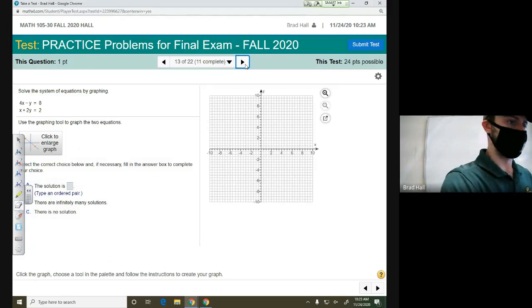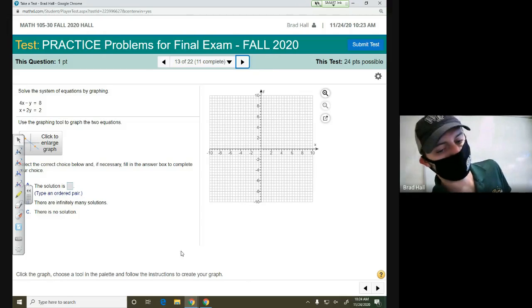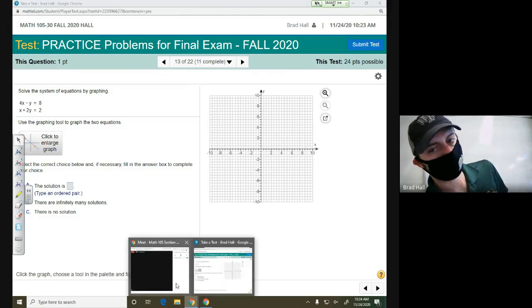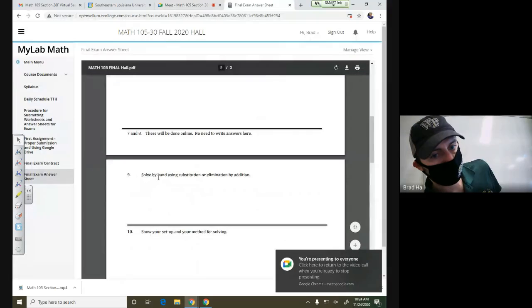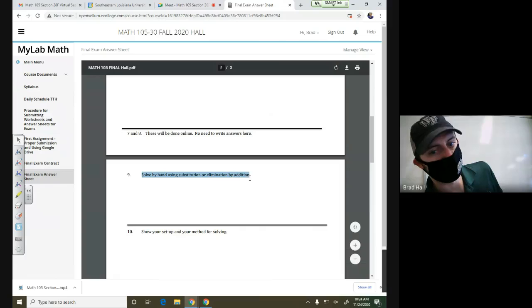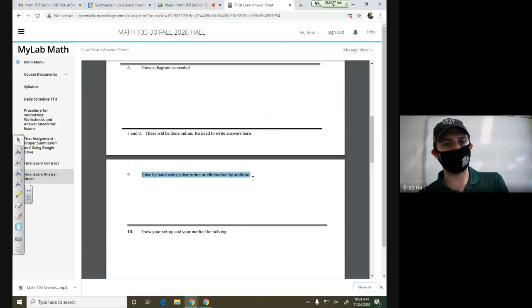So this is solve the system of equations by graphing. Now, one thing I did want to note is that I'm going to detour real fast. On the final exam answer sheet, problem 9 says solve by hand using substitution or elimination by addition. As that implies, you will need to know how to do one of those, it doesn't matter which one, by hand.